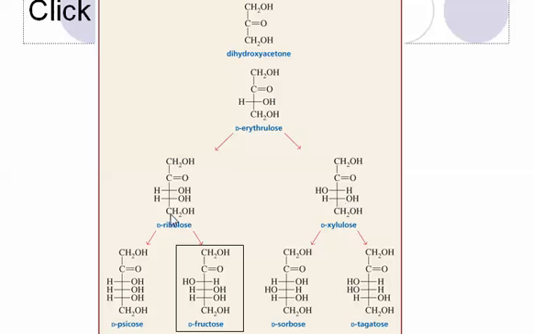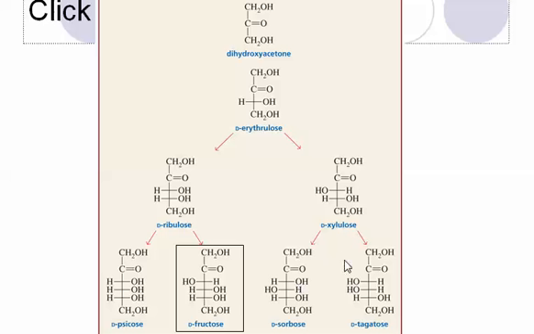Well, from ribulose, I could add another carbon, and this carbon I have a choice. The OH group could go right-handed, or it could go left-handed. And depending on where it goes, I get psicose and fructose. And then xylulose is the same. I add another carbon. That OH group could go right-handed.